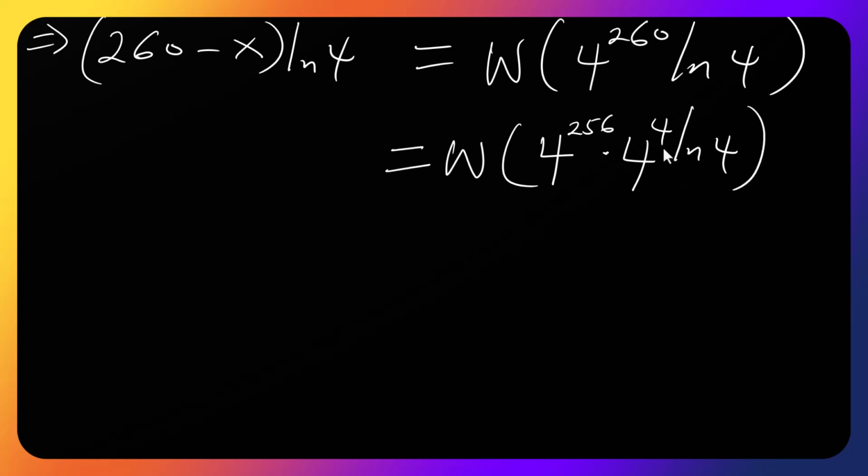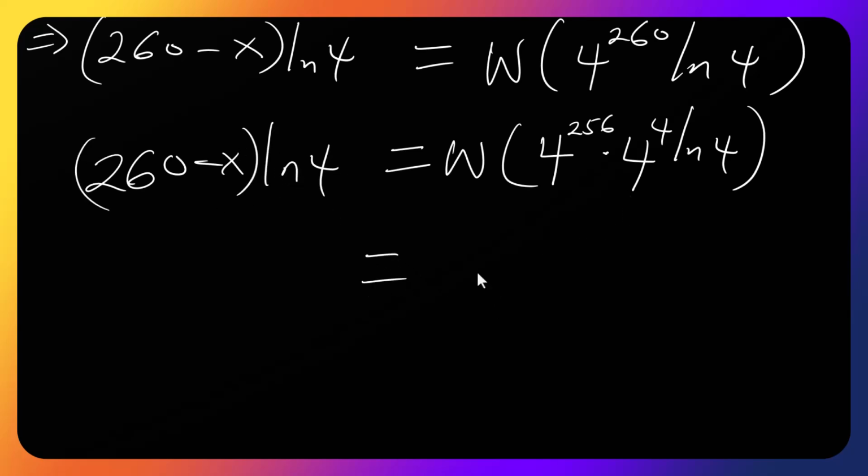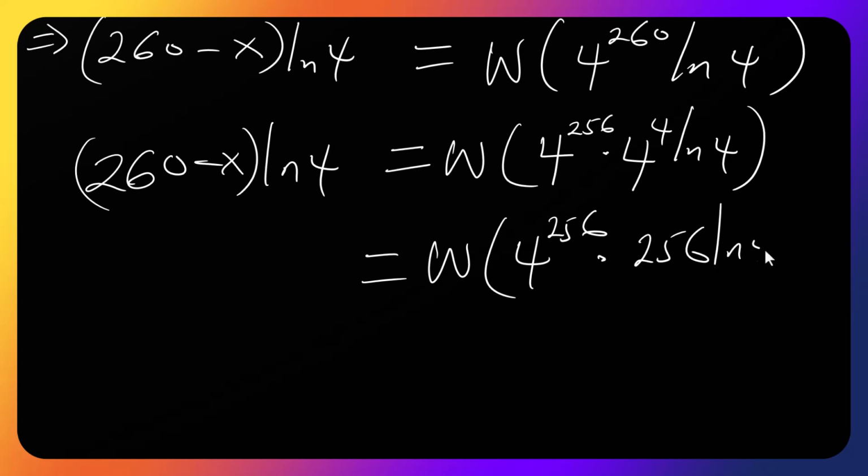So we have 4 to the power 4, which is 256. I want to form this one here. This side is 260 minus x ln of 4. So we have W function of 4 to the power 256 ln of 4, where 4 to the power 4 is 256.